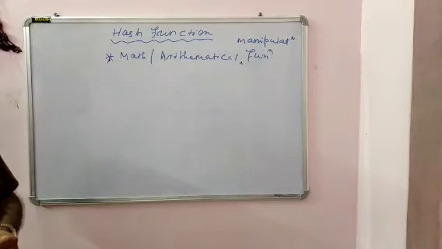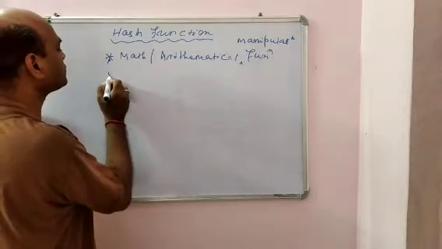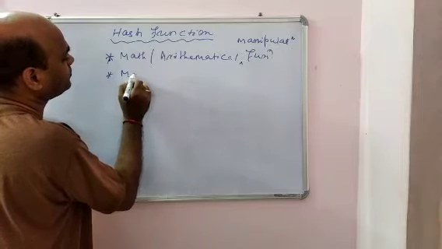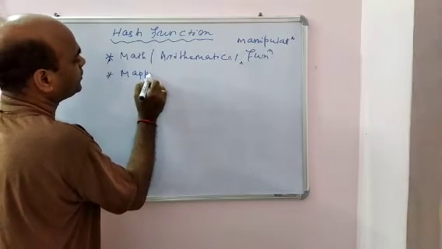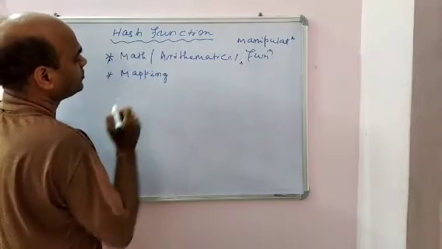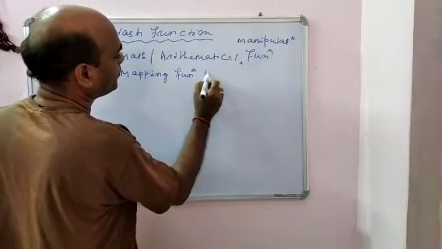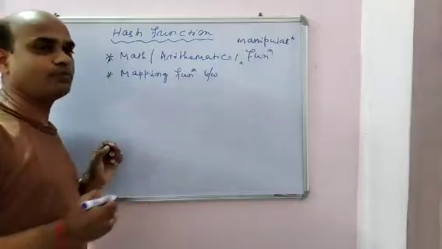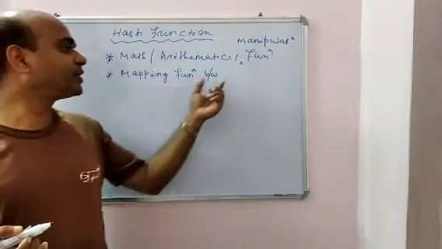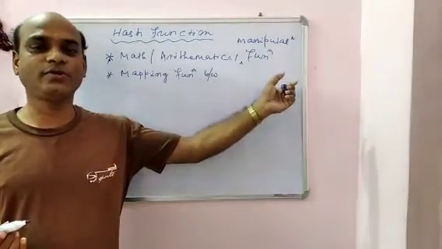Sometimes it is called a mapping function. This hash function is also known as a mapping function between a record key value and a memory address.